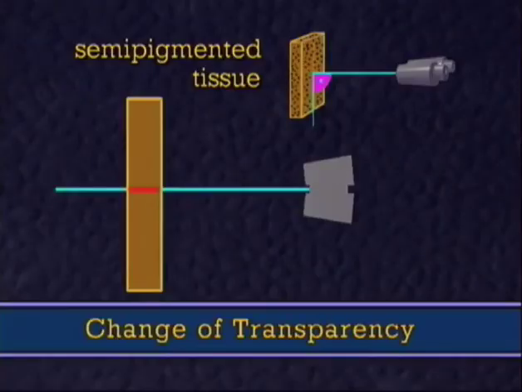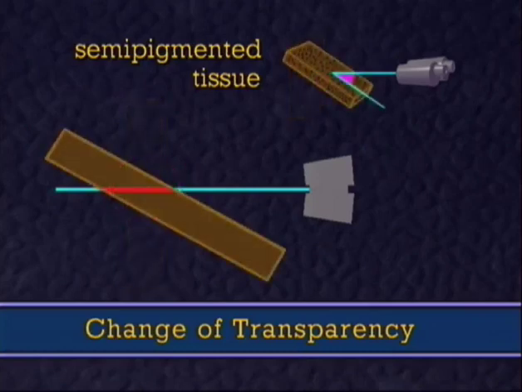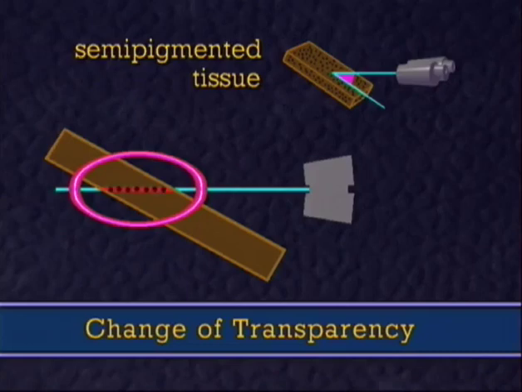If this is observed perpendicularly to its surface, the path of light through the tissue is short. There are few absorbing molecules, and the tissue will appear minimally pigmented. If the same tissue is observed more obliquely, the path of rays becomes longer, more light is absorbed, and the higher the obliquity, the darker the tissue will appear.